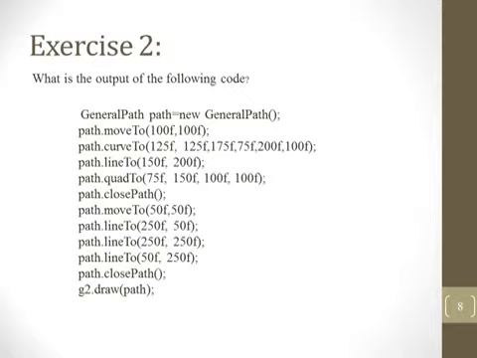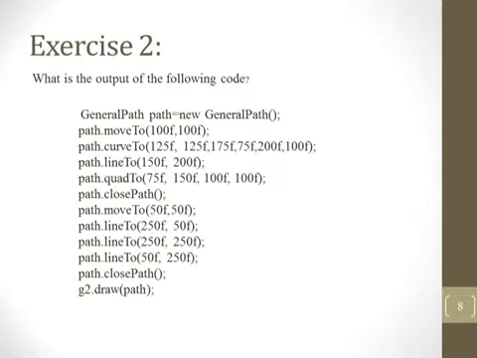In this example, we want to calculate the output of the following code. First, we move to the point 100, 100. Then we curveTo from 100, 100, passing by the control points 125, 125 and 175, 75, and the curve will end at 200, 100.